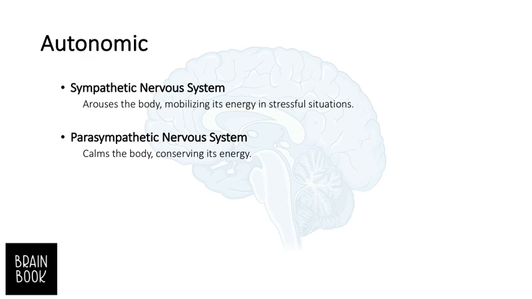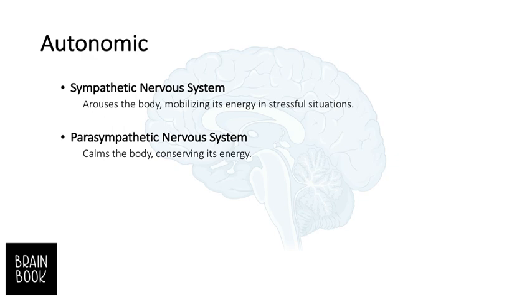Totally, the sympathetic nervous system arouses the body, mobilizing its energy in a stressful situation. For example, if you were frightened, your sympathetic nervous system will be activated and put your body in a condition, for example, to be careful or ready to do some other activities.